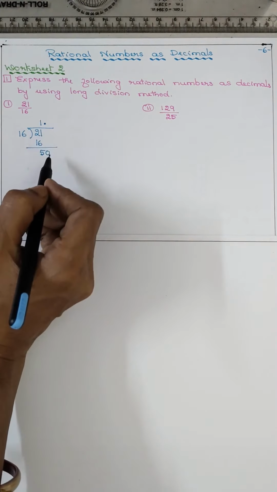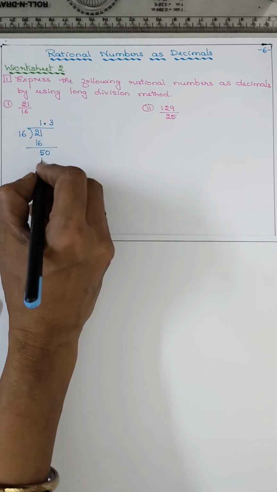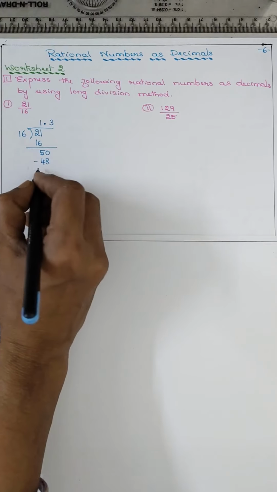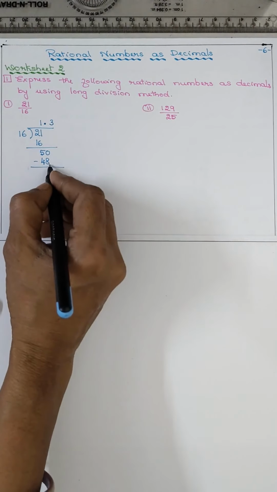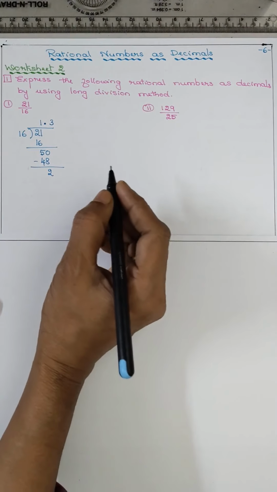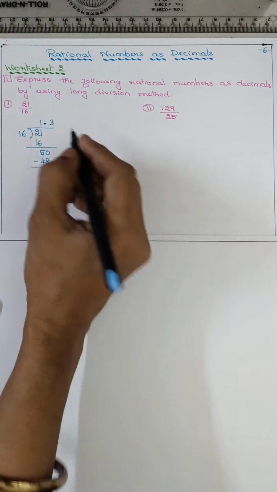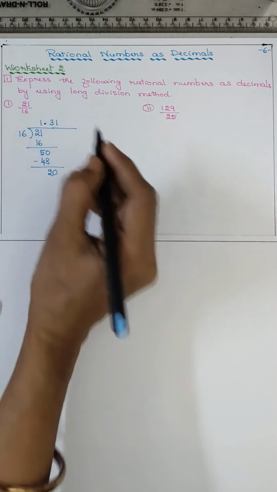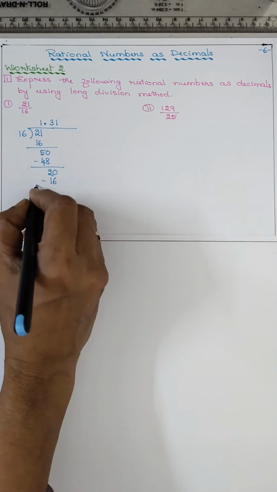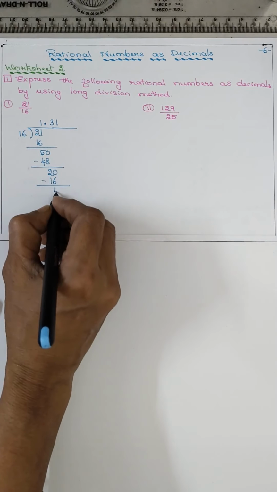16 how much are 50? It is 16 3s are 48. 10 minus 8 is 2. 4 minus 4, 0. Take extra 0. 16 how much are 20? 16 ones are 16. Now 10 minus 6 is 4.